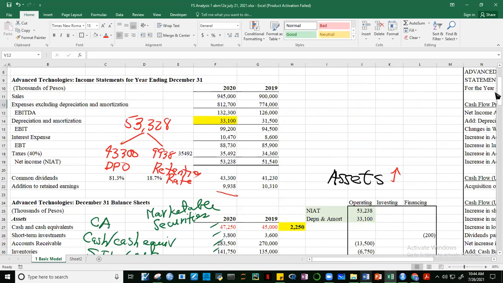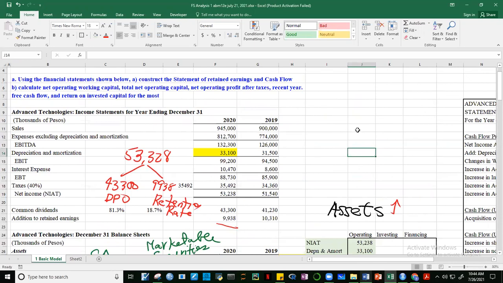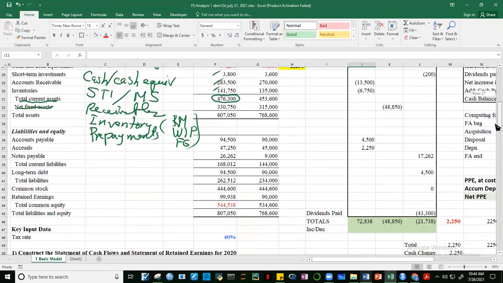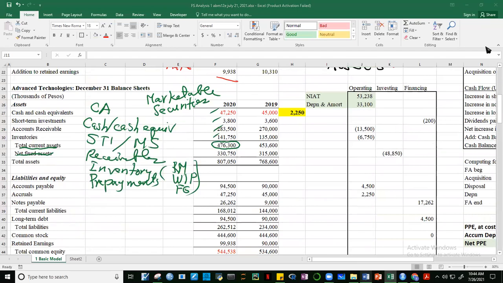Okay. So again, let me put my question in the positive. Clear so far, guys? Naintindihan ba yung statement of cash flows natin? Okay, thank you. I don't know if I asked this to the class last time.